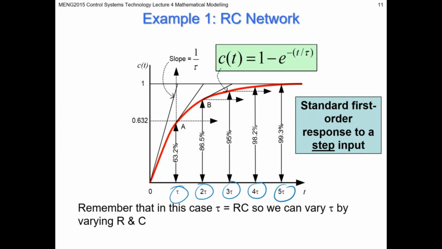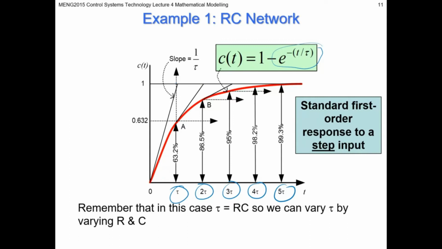And of course, as time increases, this term is going to get smaller and smaller. Right? And we can see that here, the difference between 1 and 0.63 is greater than the difference between 1 and 0.86 and so on, right, at 2 tau.